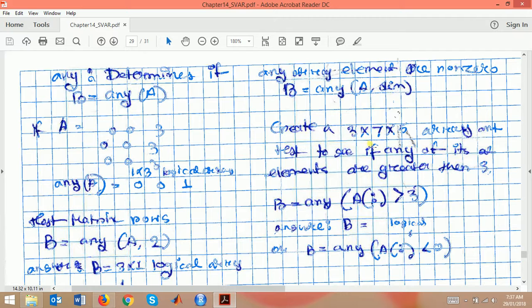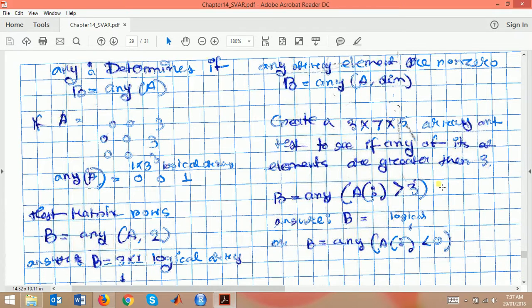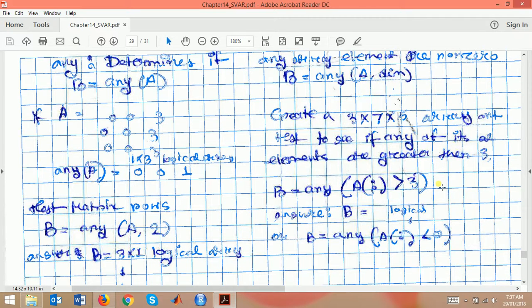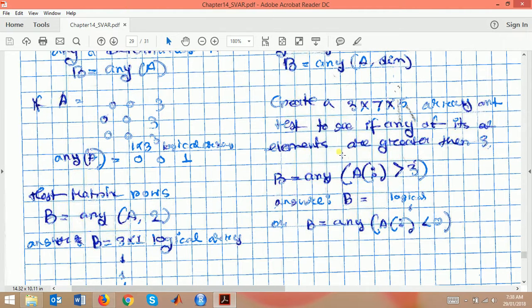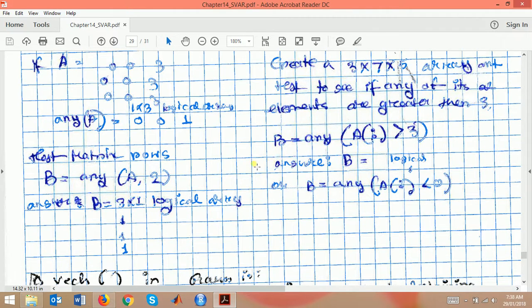Create a 3 by 7 by 5 array and test to see if any of its elements are greater than 3, or any element is less than 0. So any automatically finds if there is anything corresponding to some value in MATLAB.